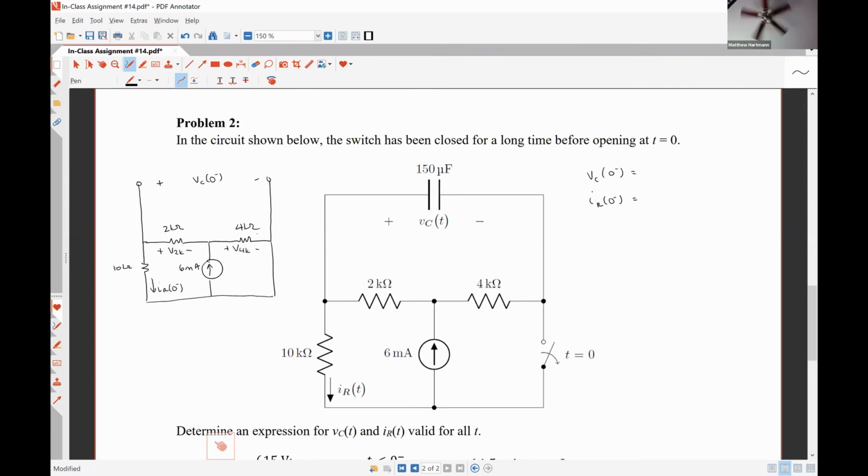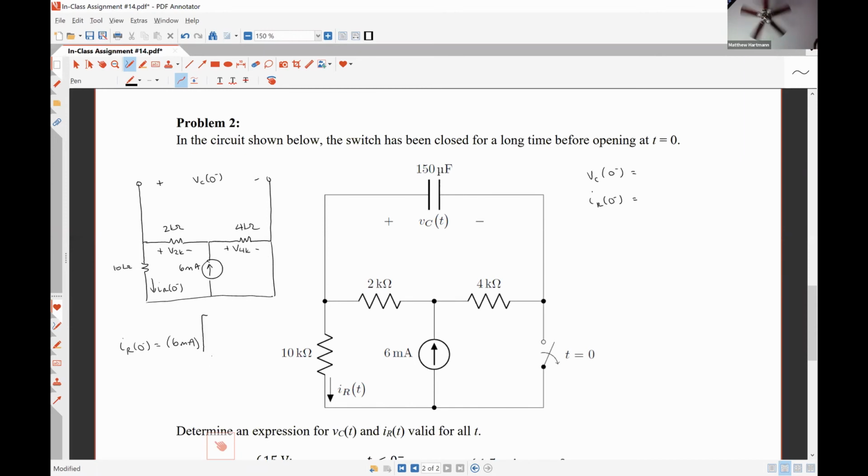So applying current division, we have 6 milliamps going up, and it's going to split between the left branch, which contains a total series resistance of 12 kiloohms, and in parallel with that, the right branch, which contains a total series resistance of 4 kiloohms.